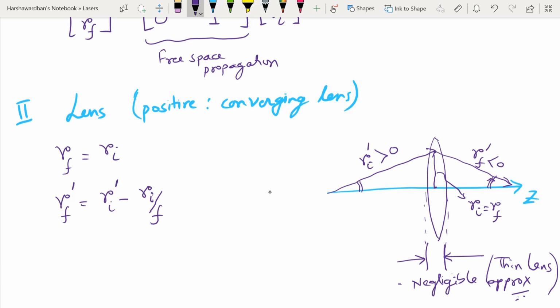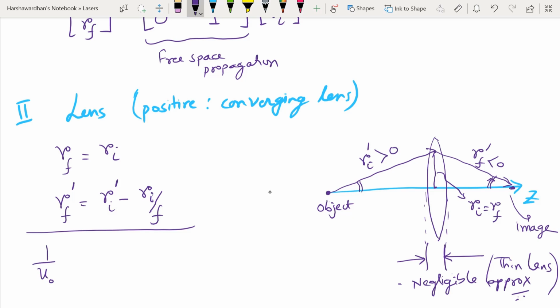So in my diagram, I have this point as my object, and this point is the image, and we know the object image relationship.